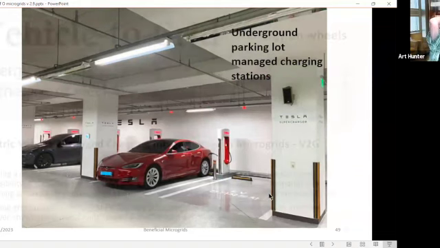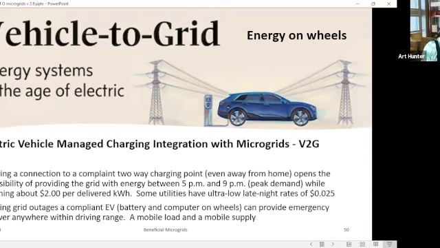And vehicle to grid. Well, this is really important, and it certainly hasn't been implemented worldwide yet, but there's been quite a number of tests done on this, which means that if you have a compliant charging point, it means that you can provide power to the grid during their peak demand times, which is from 5 p.m. until 9 p.m. And the tests that were done in California were offering those people who participated $2 per delivered kilowatt hour.